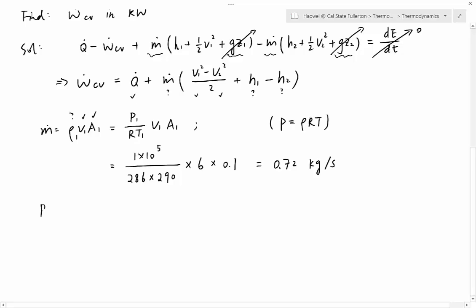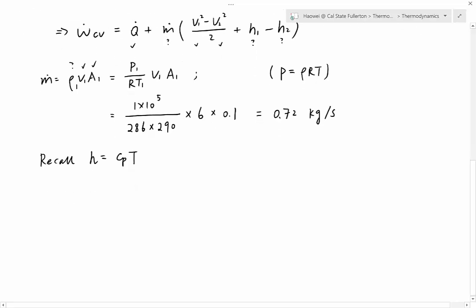How do we do that? Let's recall the equation: h is equal to Cp times T. From this equation, we can calculate h1 and h2. H1 will be equal to Cp times T1, and h2 will be equal to Cp times T2.